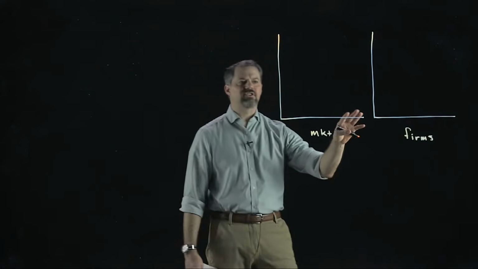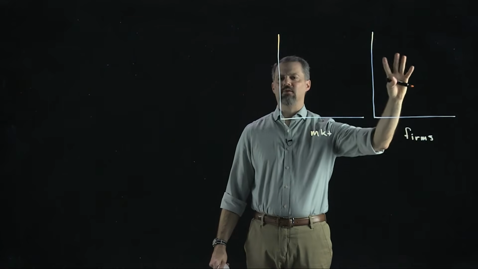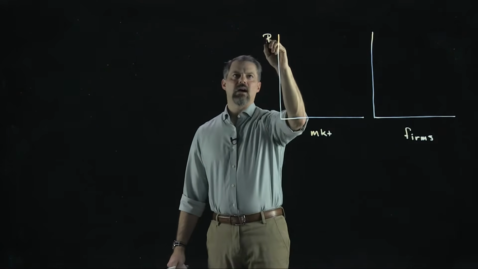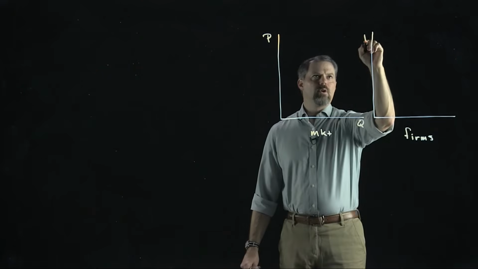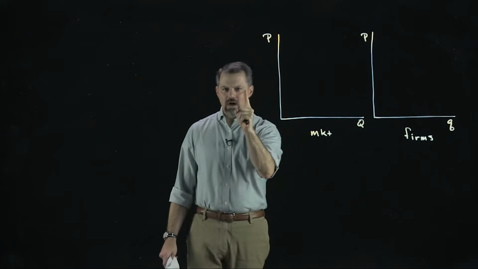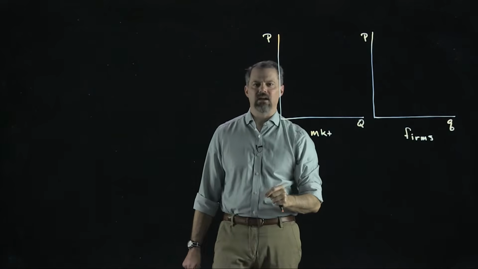Now remember, we're assuming that our firms all have the same cost curves. So if I draw you a picture of one of the firms, you know what all the firms look like. So we've got our price. I'm going to label this big Q over here, and I'm going to label this little q over here, because the quantity that one firm produces is just a small portion of the total quantity bought and sold in the market.